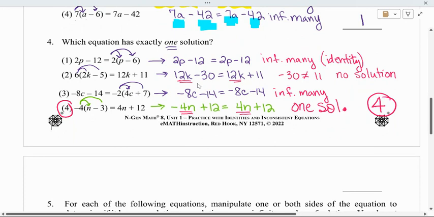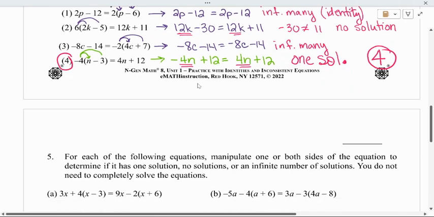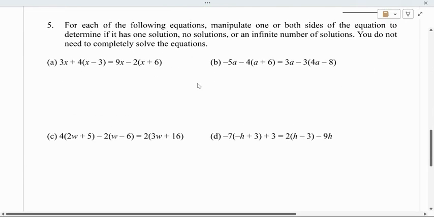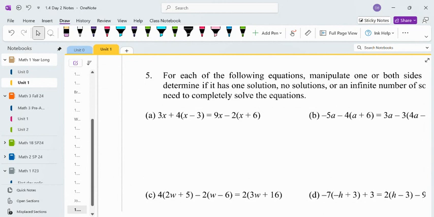Do we have questions about that? Does it help to see them that way? Okay. For each of the following equations, manipulate one or both sides of the equation. Hang on a second. I need to look at my journal. Look at our Canvas page really fast. We're only going to do 2 of these.